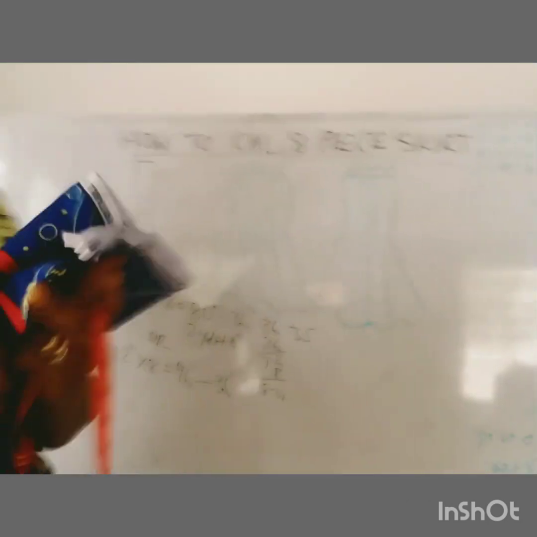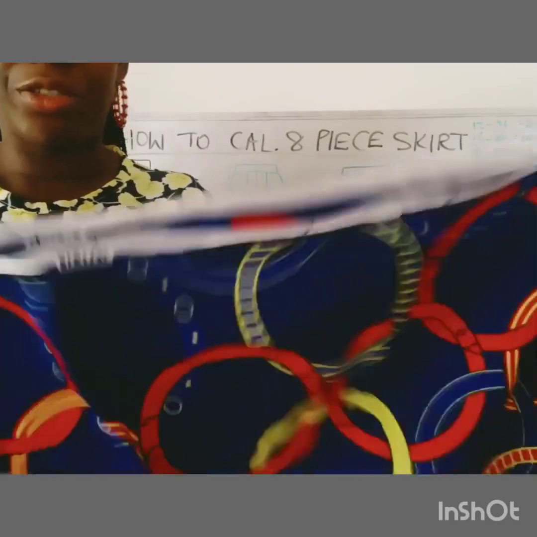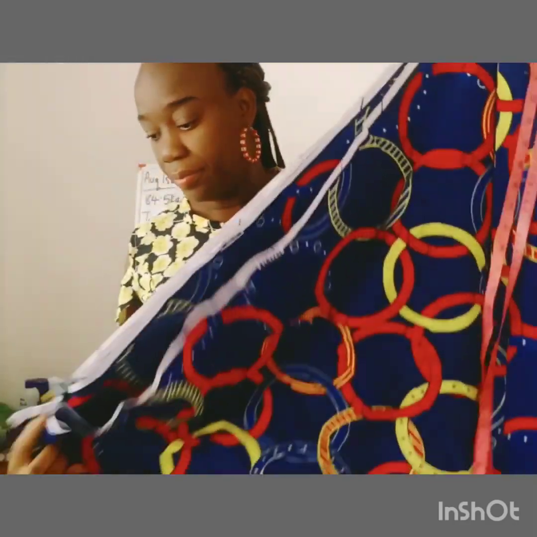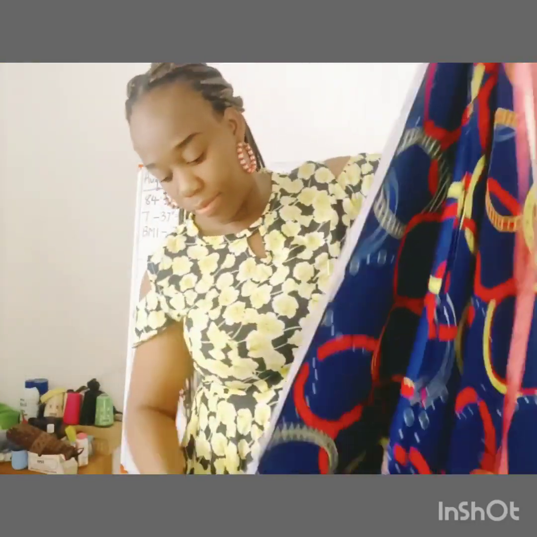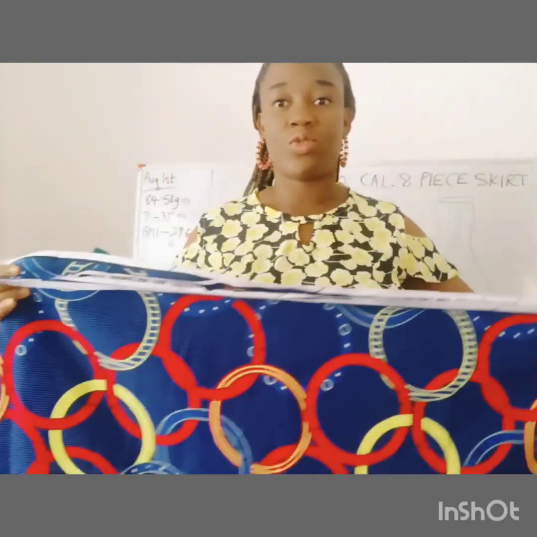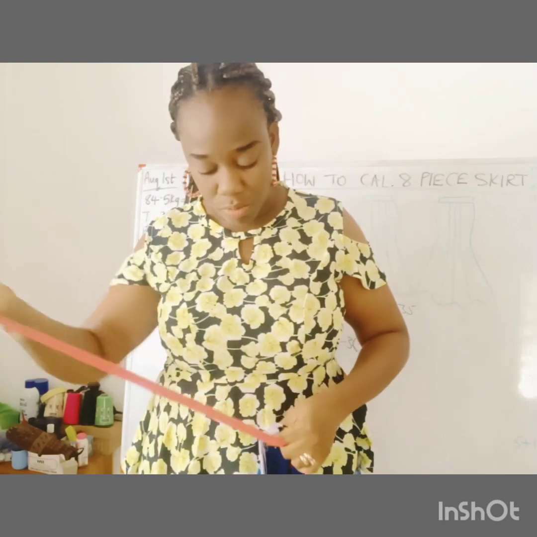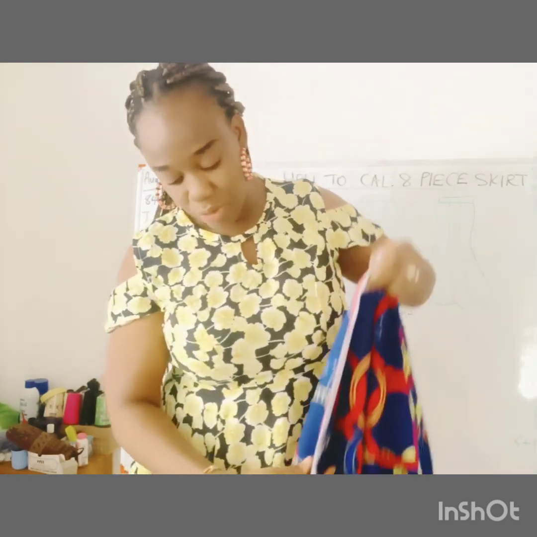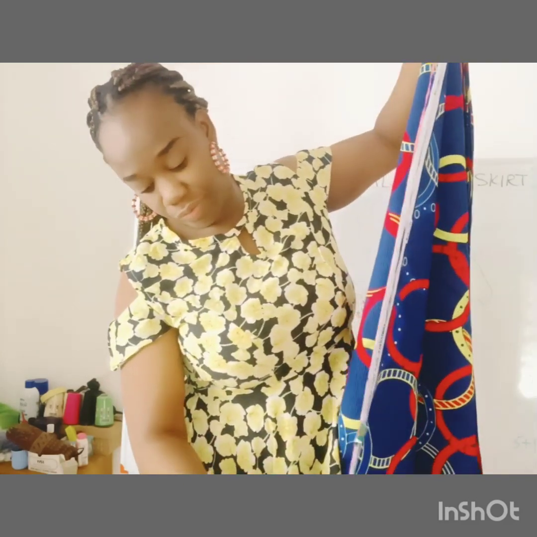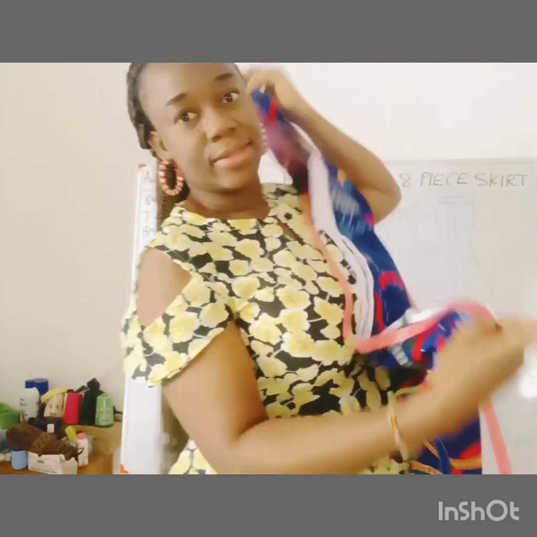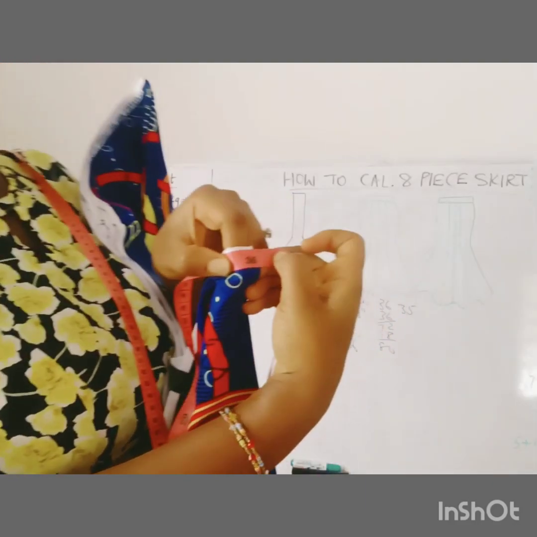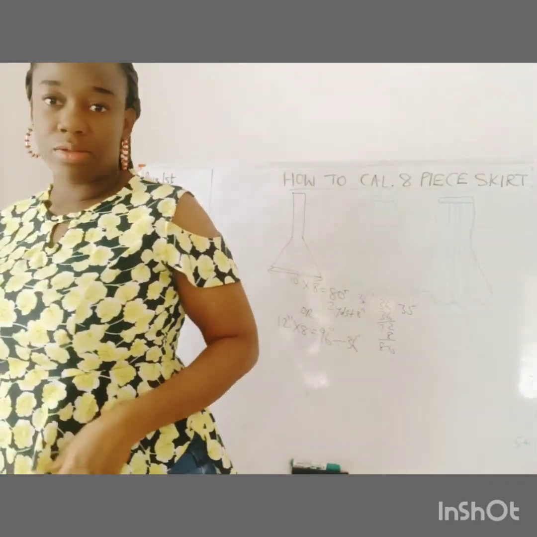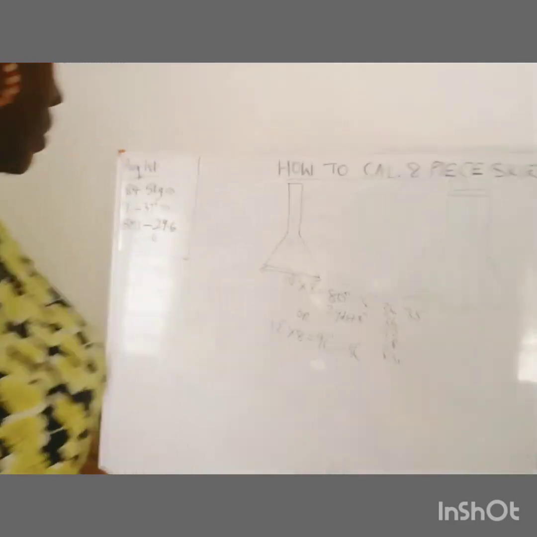This is what I mean by the yardage. When you measure, some come by 35 while some are 36, so it depends on yours. So this is 36, and that is what I'm dividing by.